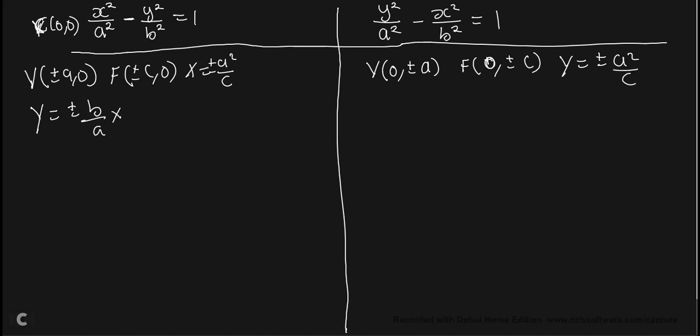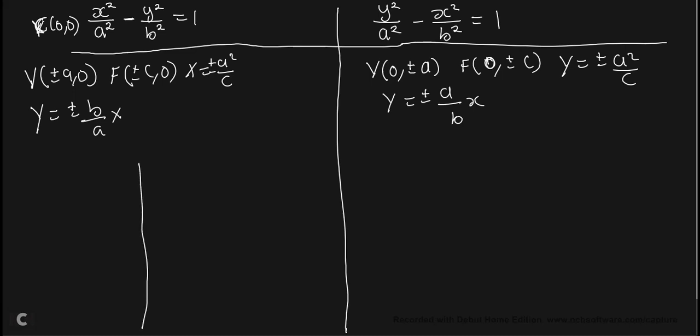Then your equation of the asymptote is y equals positive or minus a over b x, like that, right? So after coming up with everything like that, that's where now your drawing starts.